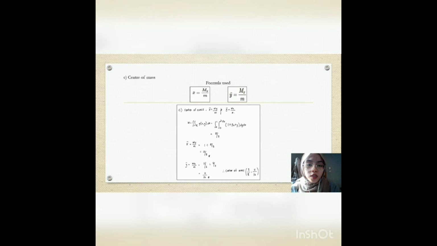So we do the calculation and get the answer. After we know all the values, we put them in the formulas: x bar equals My divided by m, and y bar equals Mx divided by m. We do the calculation and get the answer.